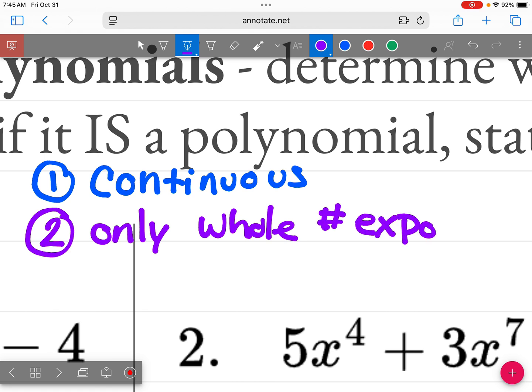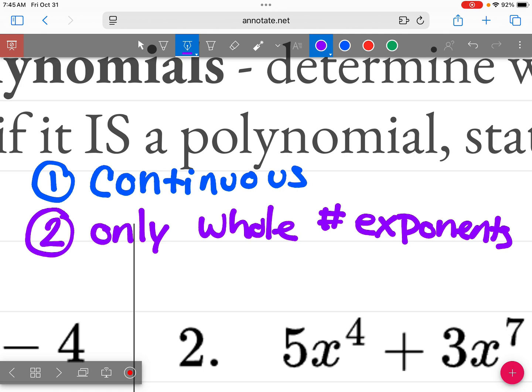Nothing weird happening on our variables. No roots, no negatives, no nothing. Boring counting numbers only. If I can talk about apples in a bucket using that number, it can be in a polynomial as an exponent. If I cannot use that to talk about an apple in a bucket, I cannot use it in a polynomial.